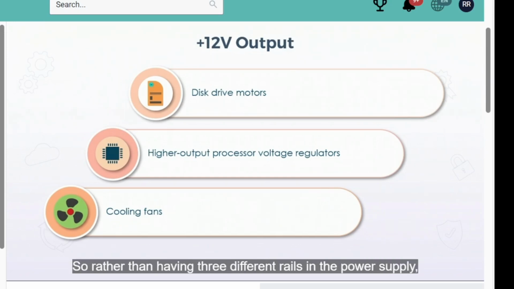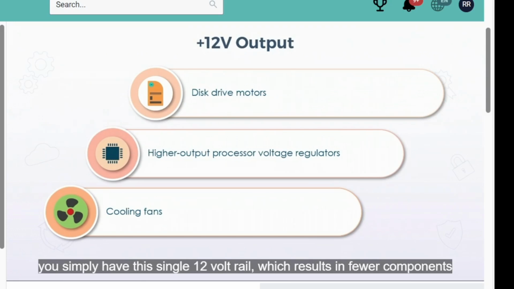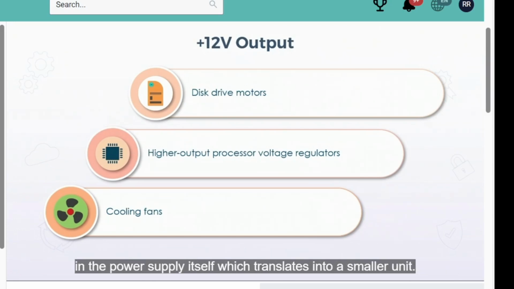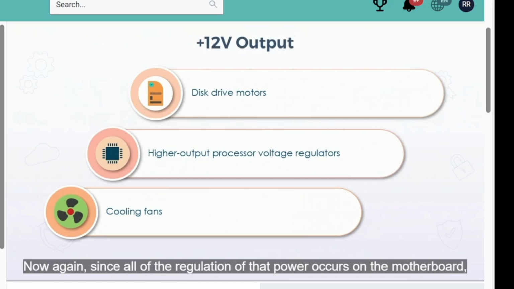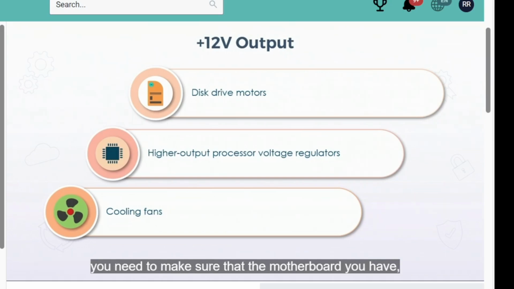So rather than having 3 different rails in the power supply, you simply have this single 12 volt rail, which results in fewer components in the power supply itself, which translates into a smaller unit. Now again, since all of the regulation of that power occurs on the motherboard, you need to make sure that the motherboard you have supports a 12 volt only power supply.